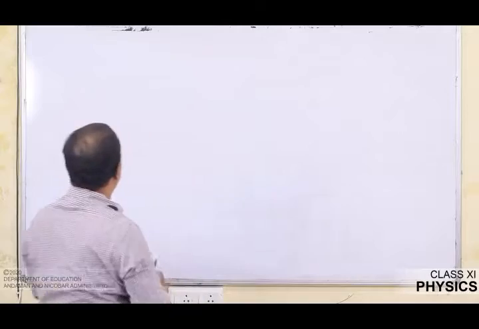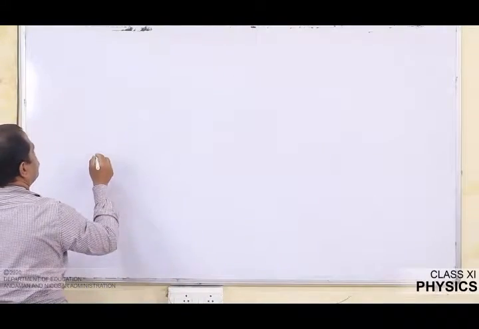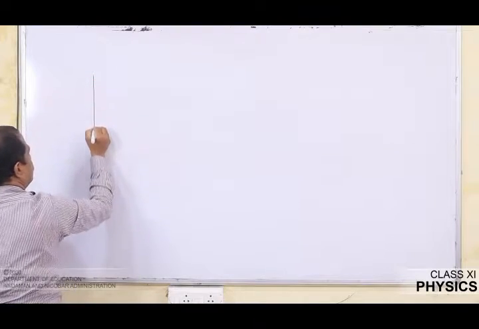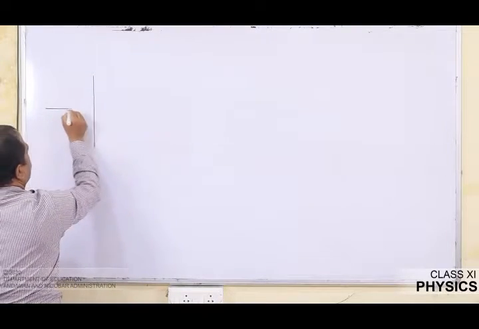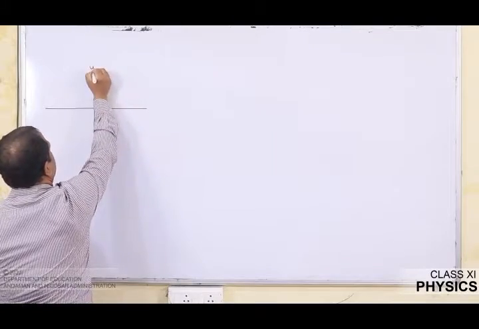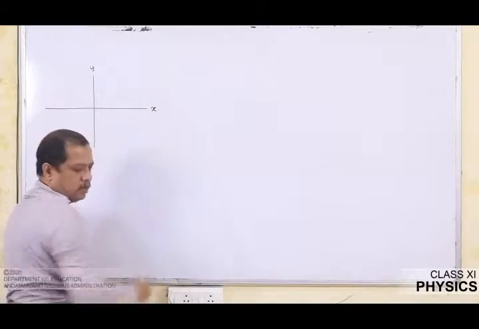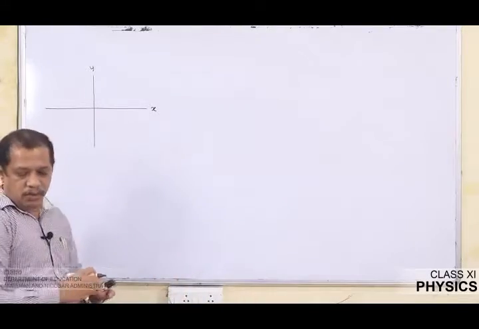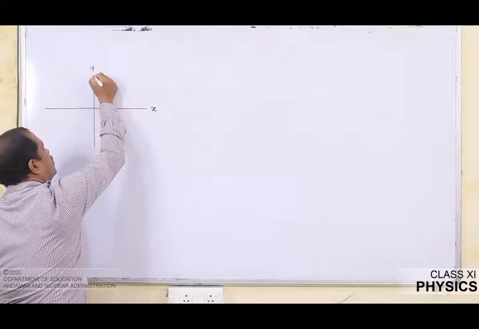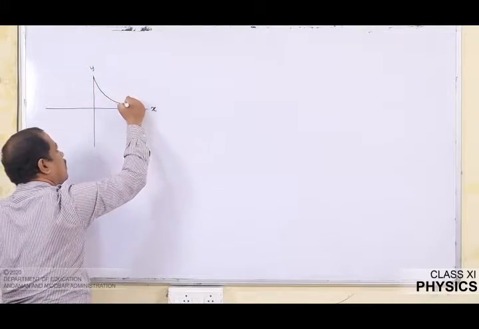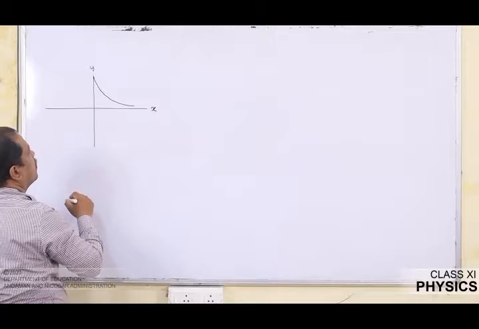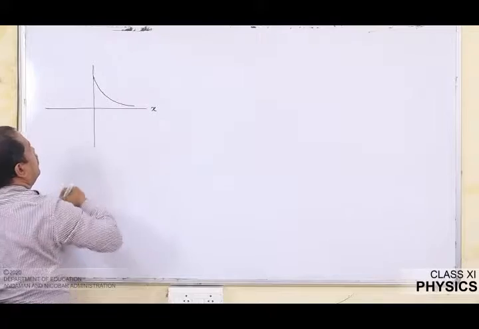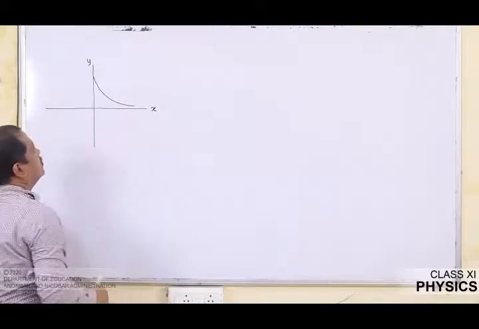So, the next graph that we are going to have will be like this. Let me say this is the positive direction of the y axis. Let me say this is the positive direction of the x axis, and let us suppose that the curve I am going to get is like this, and this is the positive direction of the y axis.